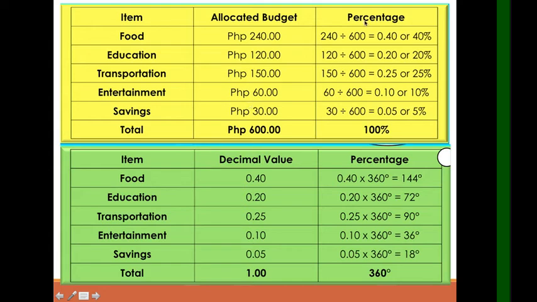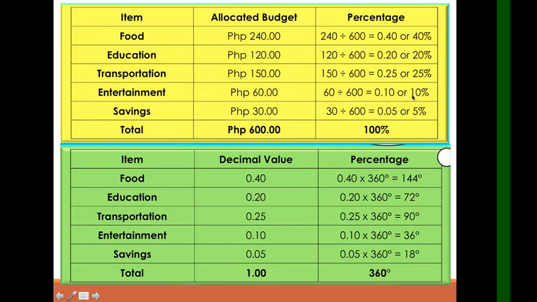Now, to determine the percentage, divide each item by the total. So we have 240 divided by 600, 120 divided by 600, 150 divided by 600, 60 divided by 600, and 30 divided by 600. So we have 0.40 or 40%. Here, we have 0.20 or 20%. Here, we have 0.25 or 25%.